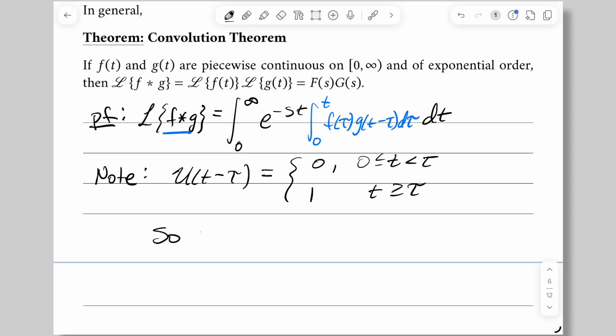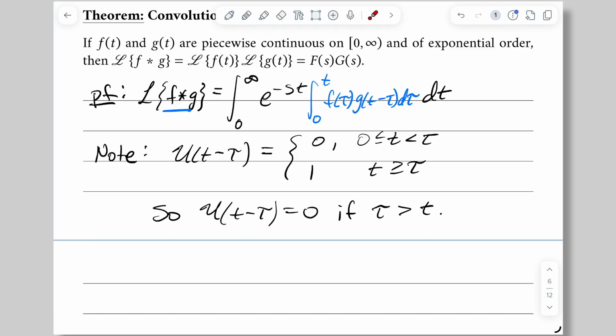What that means is that the unit step function of t minus tau is equal to 0 if tau is bigger than t. Trying to think about this too hard will twist your noodle, but look, if tau is bigger than t, then u of t minus tau is 0.